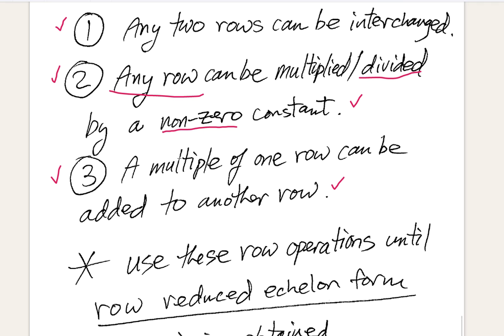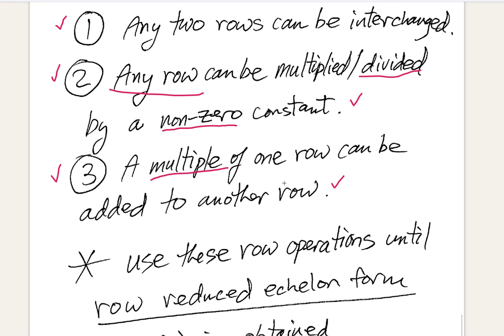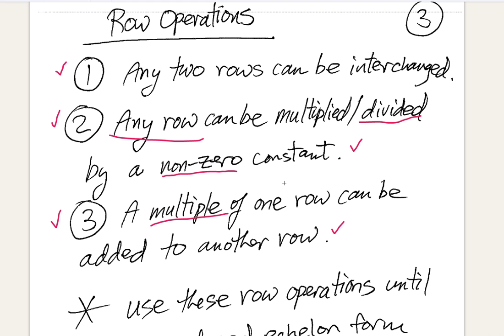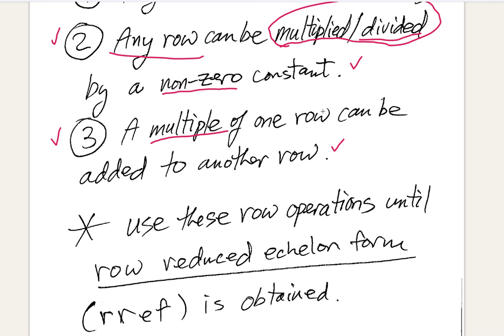So a multiple of one row can be added to another row. So these are the three operations that we can do. Three row operations. I'm counting number 2, multiplication or division, as a single operation there. So either one you want to do here.